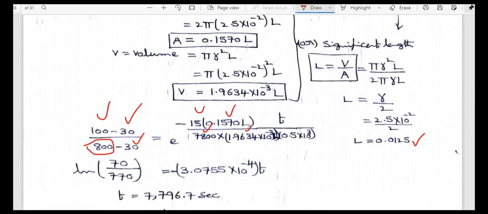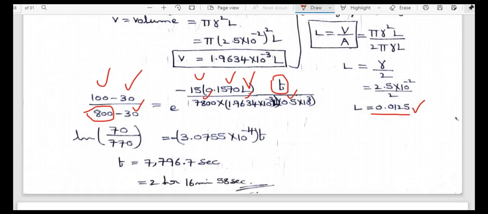So here volume is area into thickness, where L equal to 0.0125. We can substitute this value in place of L. So after simplification, this is the final answer: t is equal to 7796.7 seconds. That means 2 hours 16 minutes 58 seconds.